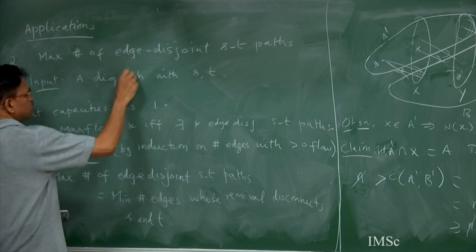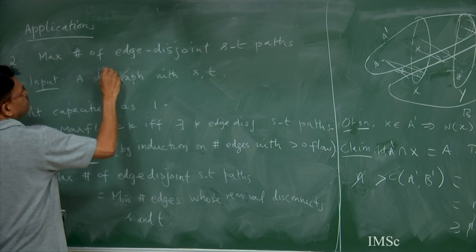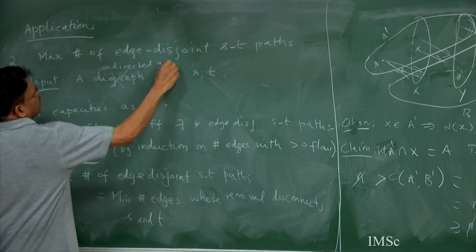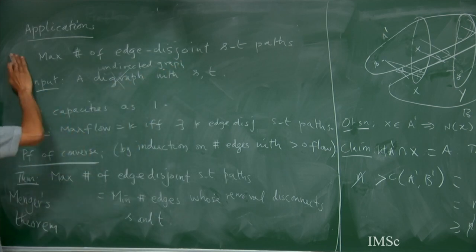You can also prove this for undirected graphs. More or less everything goes through. Network flow requires a directed graph, so what do you do?